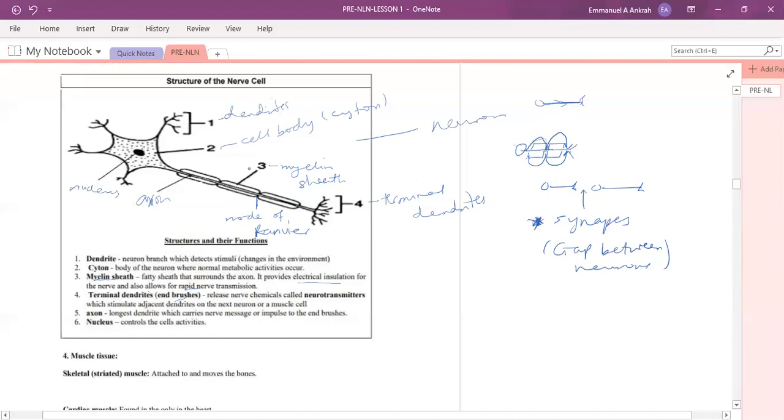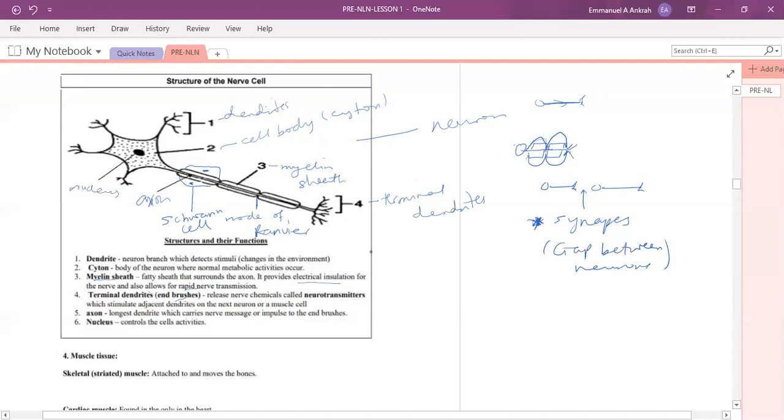And then one more thing that I'm going to add here. Around the myelin sheath, I'm going to draw something like this and put a nucleus on it. This is known as a Schwann cell. The Schwann cell produces the myelin sheath.